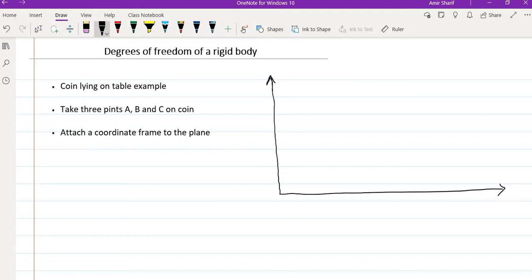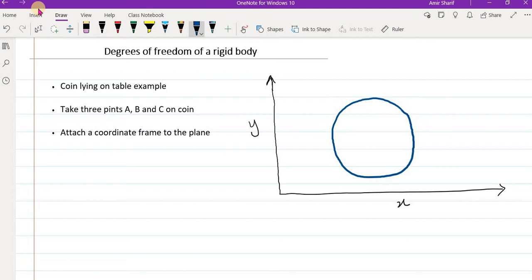Okay, and here we have x-axis and y-axis, and here we have a coin on this surface. Okay, let's make it a little bit bigger. So this is the coin we have.